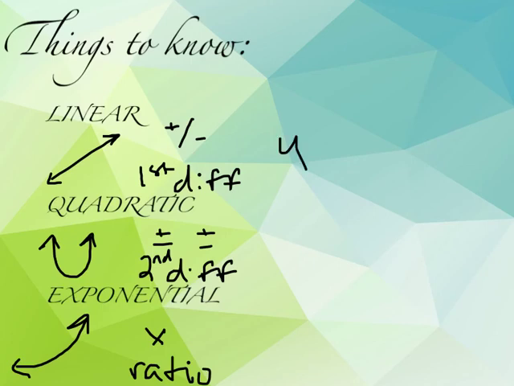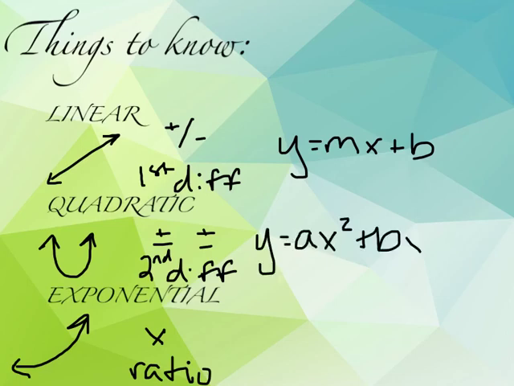Linear functions were y equals mx plus b. Remember, that's slope-intercept form. Quadratic functions, y equals ax squared plus bx plus c. And our exponential functions were y equals a times b to the x power.